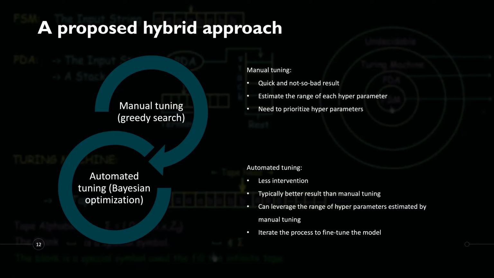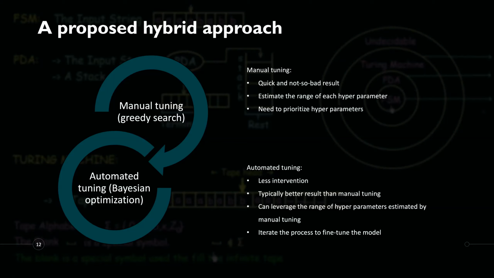If we've already done the manual tuning, we have a sense of the most optimal value for each individual parameter, and therefore we can come up with a much more fine-grained range for each hyperparameter.